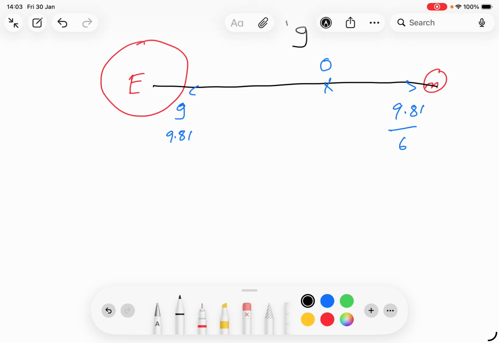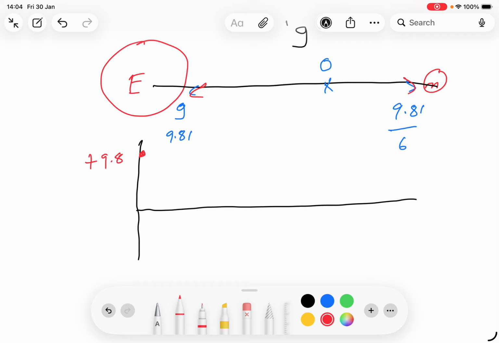So how might that look as a graph? I think it does depend on whether the question says the magnitude of the field strength or we're giving some allowance for direction, because you can see the field strength here is in one direction and here is the other direction. So let's do allowing for direction to start with. So I think we'd usually consider g on Earth to be a positive number. So the line starts at plus 9.81.